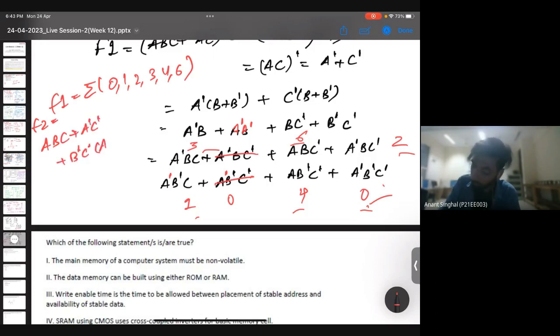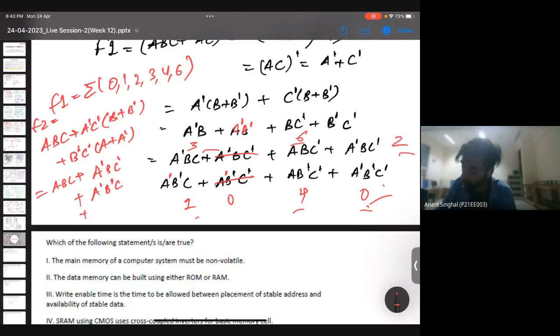So I'll write A plus A bar here and B plus B bar here. So one term is this ABC, one term is A bar B C bar, one is A bar B bar C bar, and one is getting repeated. So last term will be A bar B bar C bar.